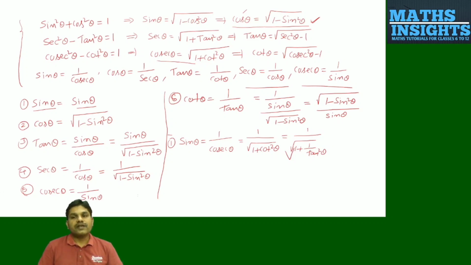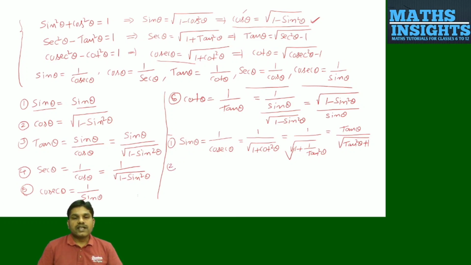If you take LCM, this will become 1 plus tan square theta, and tan square theta will become the numerator, and the square root and square will be cancelled. Therefore, tan theta by square root of tan square theta plus 1. So if you observe, sin theta is converted into tan theta.